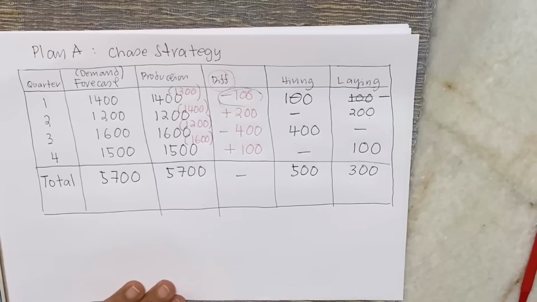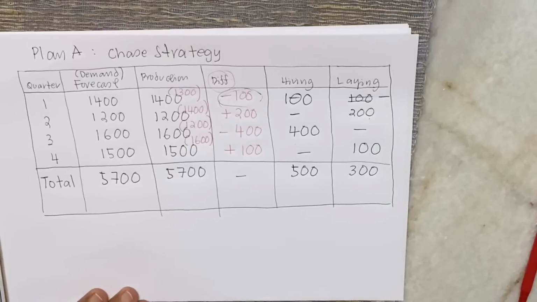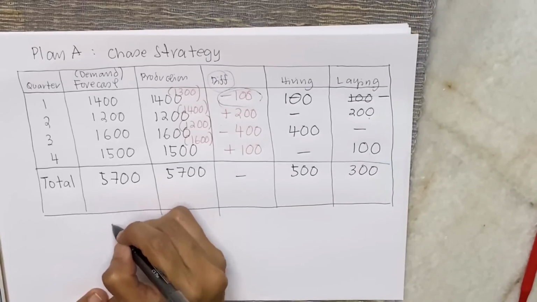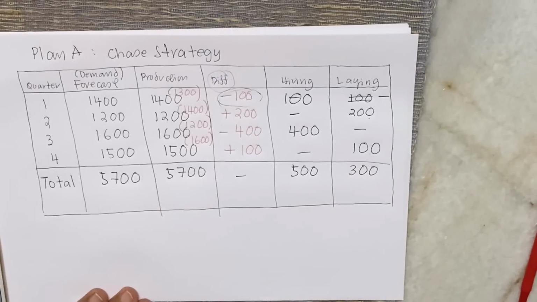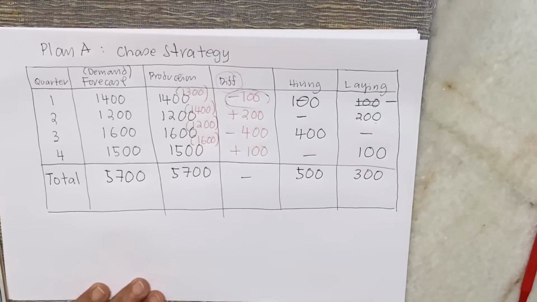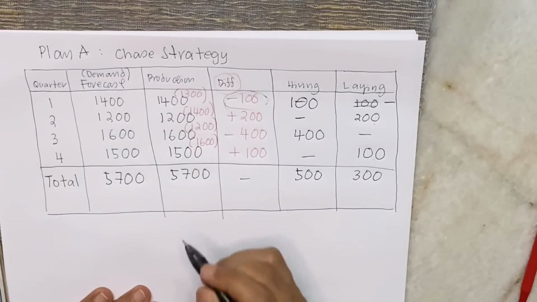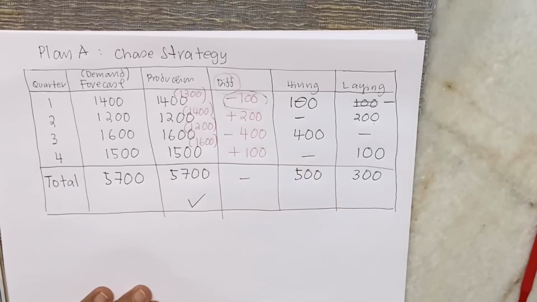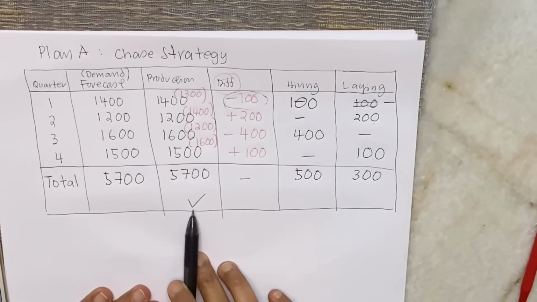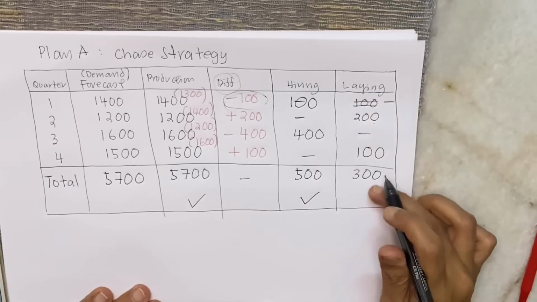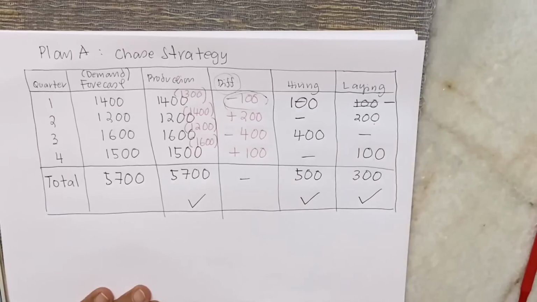Okay, next. What we have to do is find the total production cost. In order to find the total production cost, we have to find the total production for this column, the total cost for hiring, and the total cost for laying off.